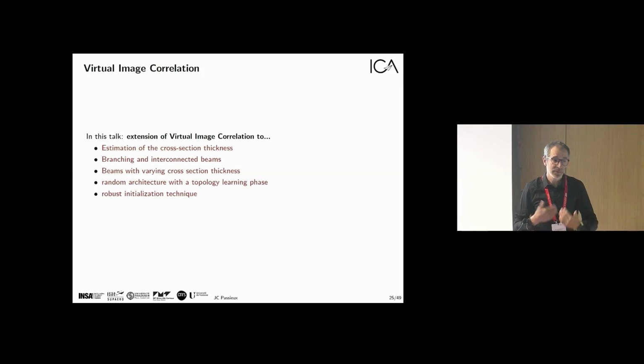I need to estimate also the cross section, because it's a parameter of my mechanical model after, and I also need to handle connected and branching beams. And also one point which was not so easy for me was to start with something with the good topology.